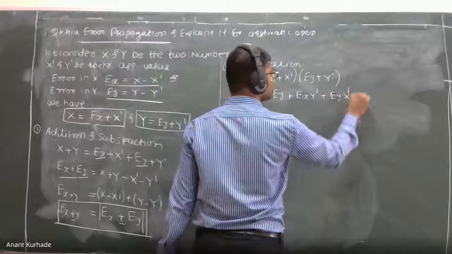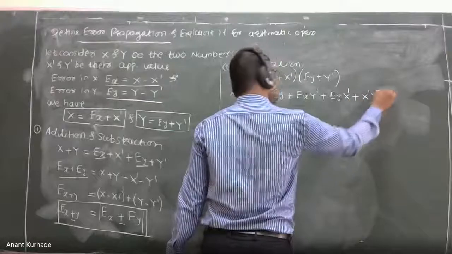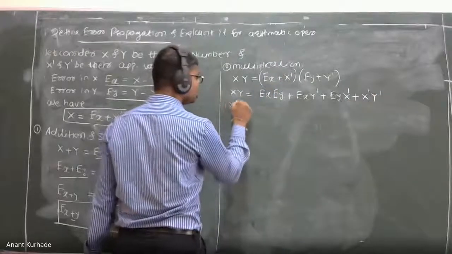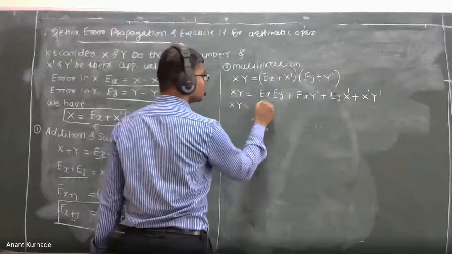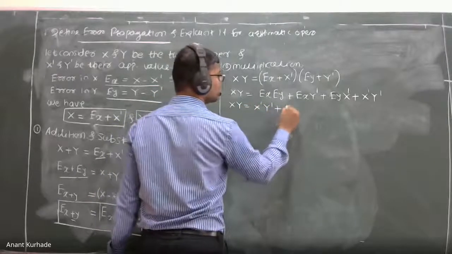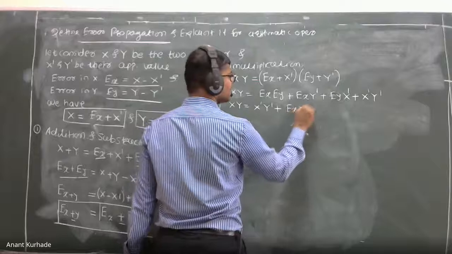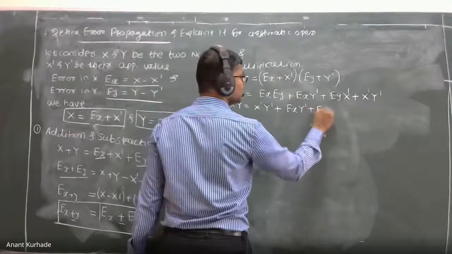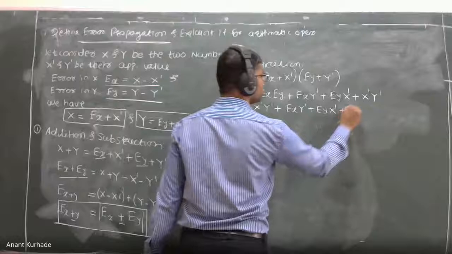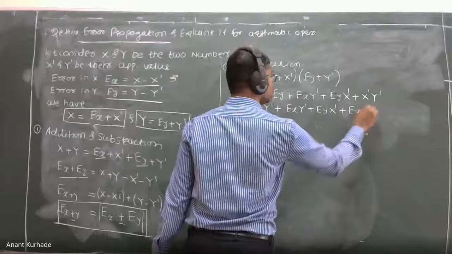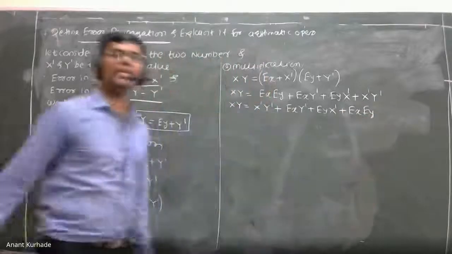So xy is equal to x dash y dash plus ex y dash plus ey x dash plus ex into ey.